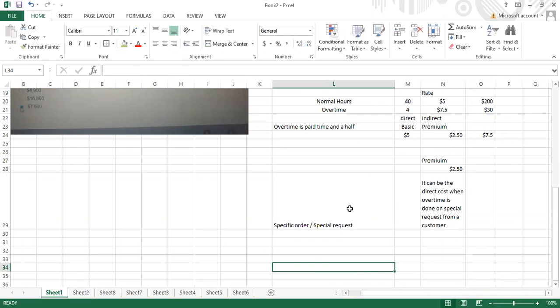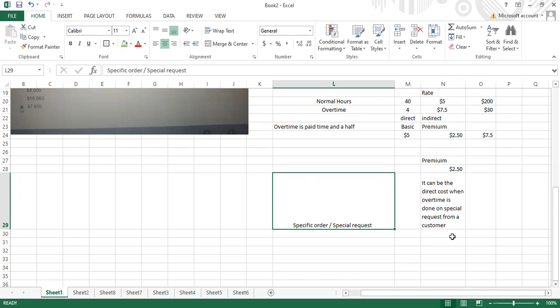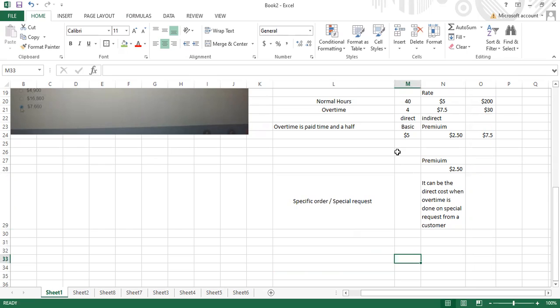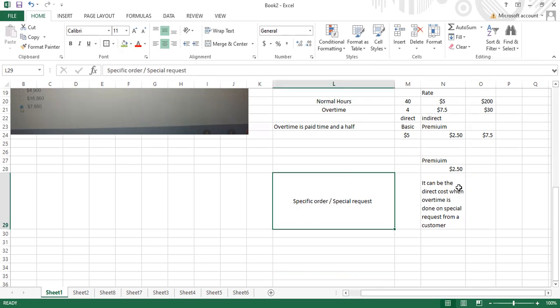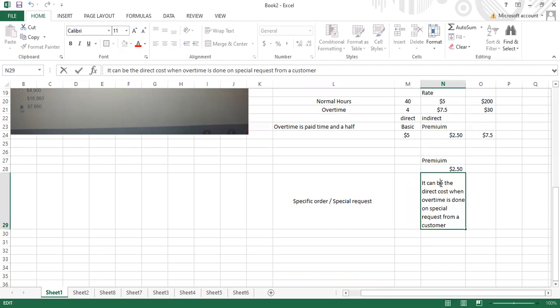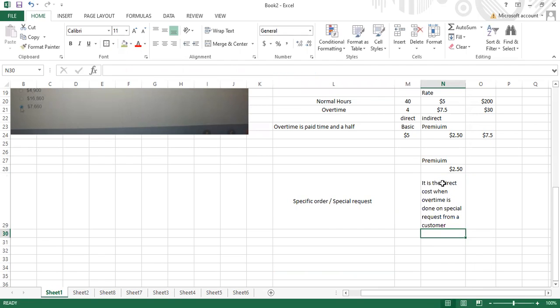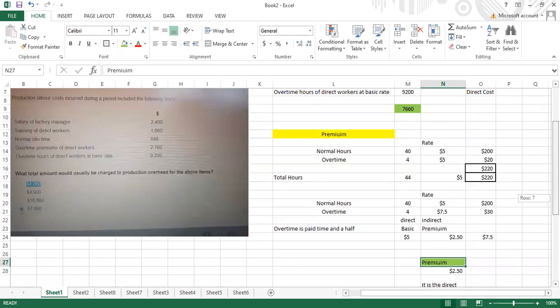When you see these kinds of keywords, you can say that the overtime premium is not your indirect overtime premium. In this case it is a direct cost. It is the direct cost when overtime is done on a special request. I'm talking about the premium, right? Otherwise the premium is always an indirect cost.